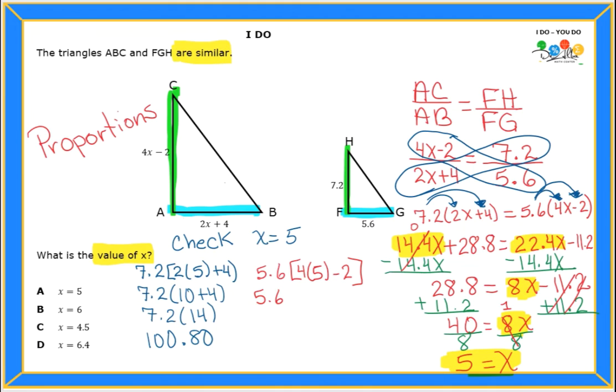So I'm going to work it out. 4 times 5 is 20 minus 2, and 5.6 will multiply the 18. If you multiply those two, you get 100.80. What do I notice about this? I get exactly the same answer on both sides. That confirms that my answer for the value of x is x equals 5.